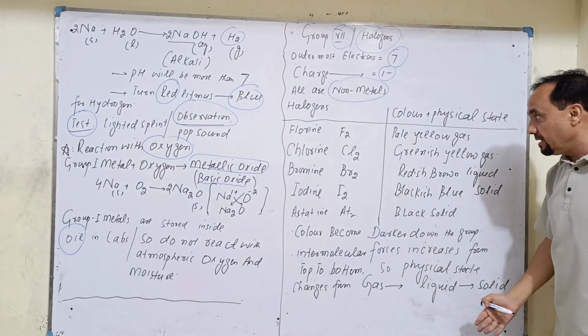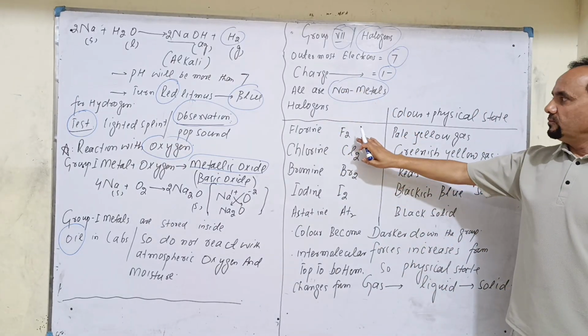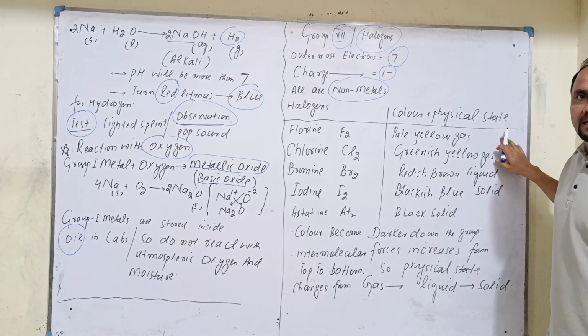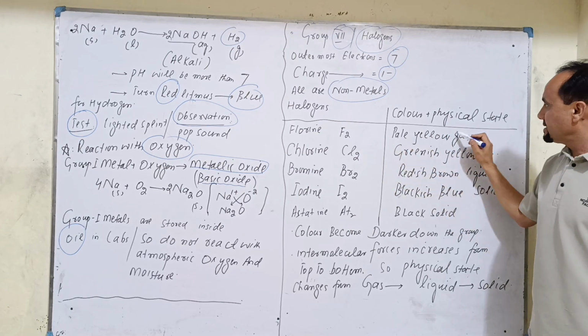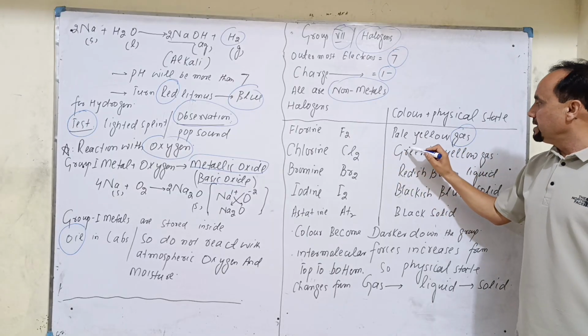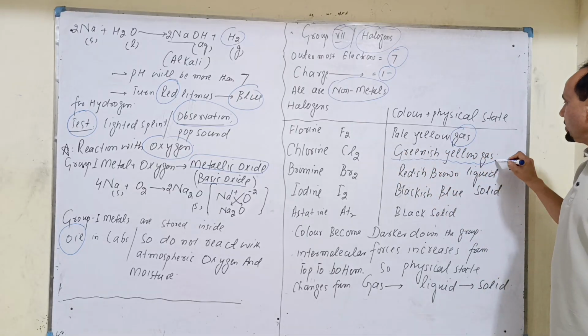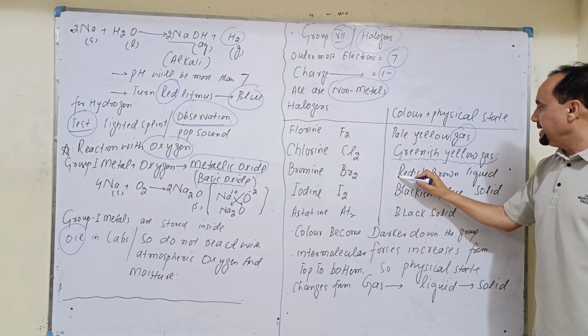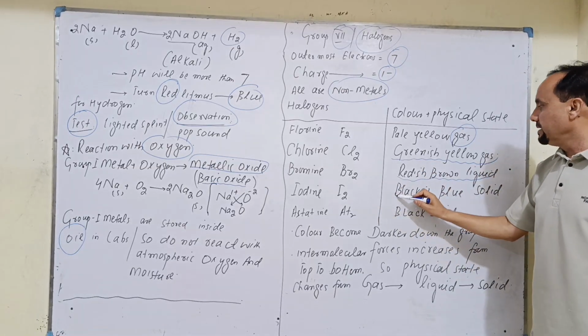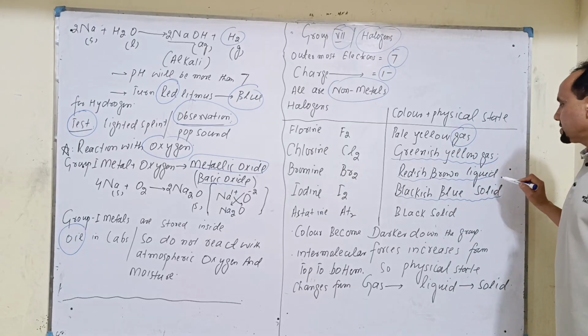Now this is a table. We will discuss the names, the color and the physical state. Fluorine, it is a pale yellow gas. Chlorine, it is a greenish yellow gas. Bromine, it is a reddish brown liquid. You have to memorize. Iodine, it is a blackish blue solid.